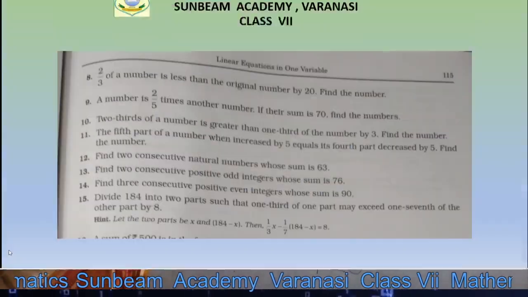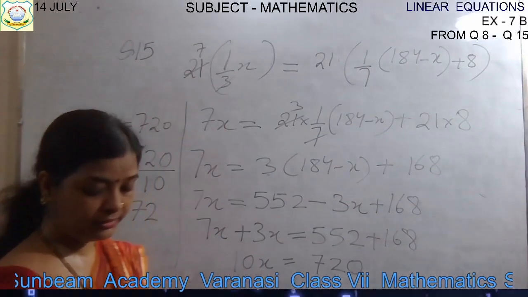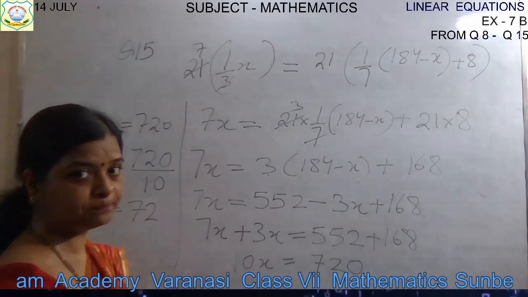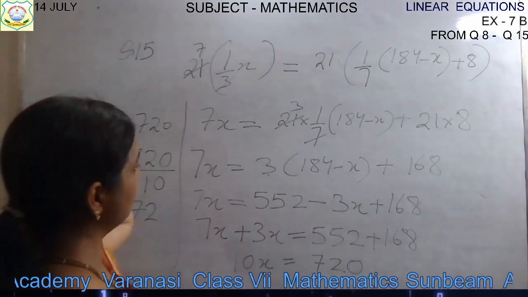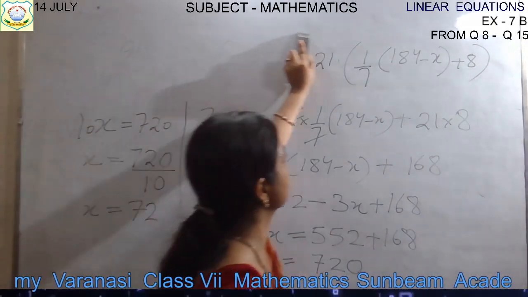Okay. Just see the question. They are asking, okay, you have to divide it also, children. You have to find both the numbers. So no need to leave it till now. After this, what we will do? We will find both the numbers. The numbers were 184. Just I am erasing my board, children.